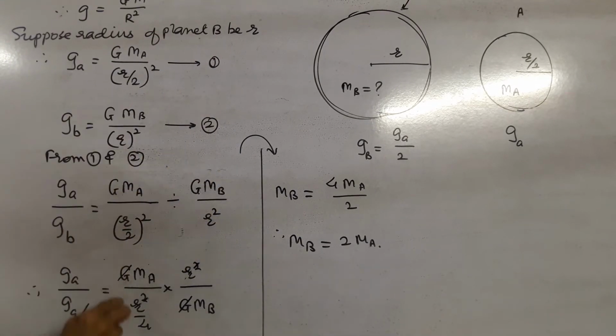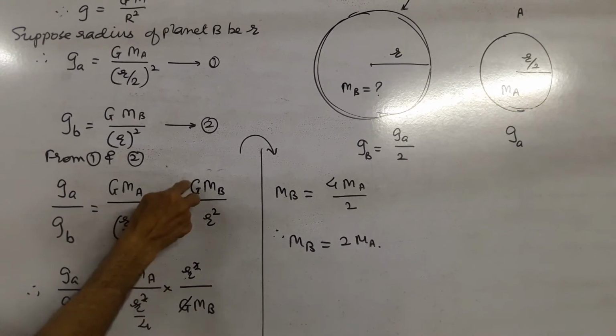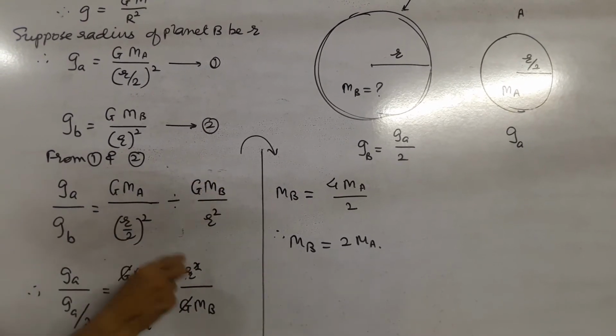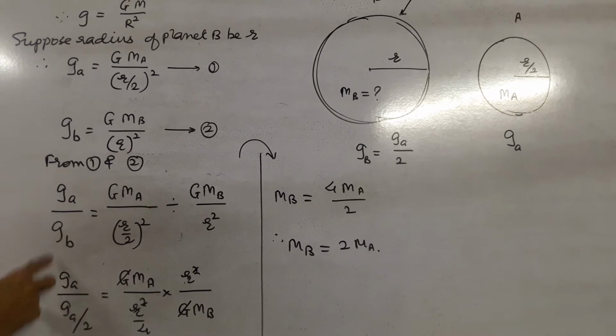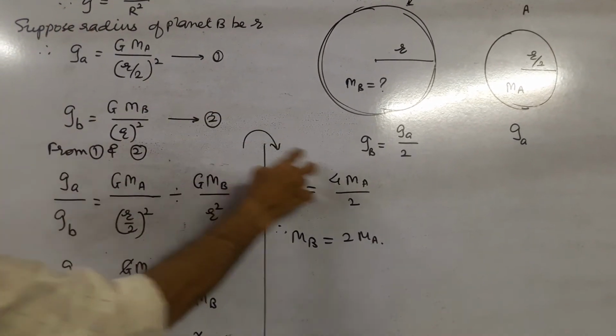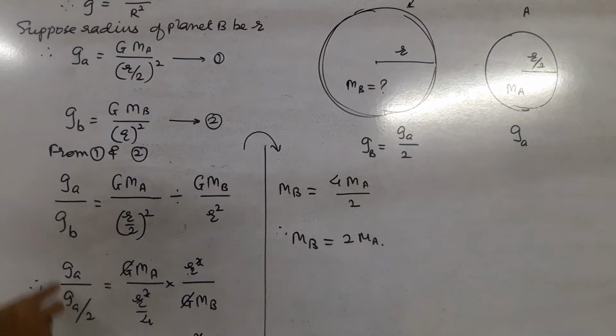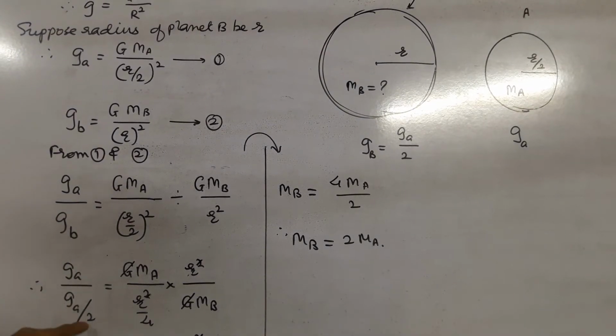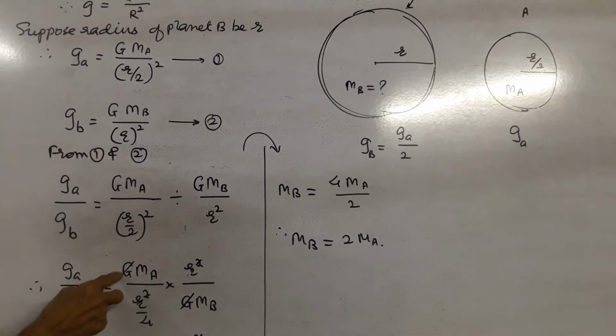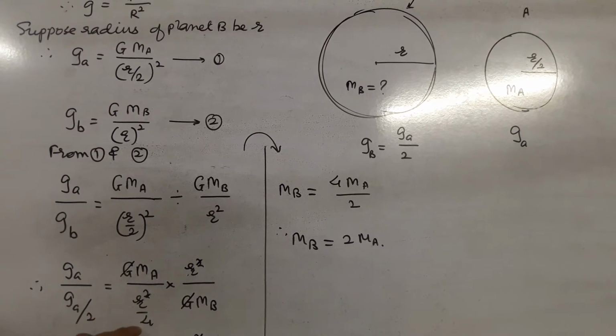But we know that when we divide, the numerator will go to the denominator and the denominator will go to the numerator. And therefore we get Ga upon Gb, but we know that Gb is equal to Ga upon 2. So in place of Gb we write Ga upon 2 is equal to G Ma upon r square upon 4.